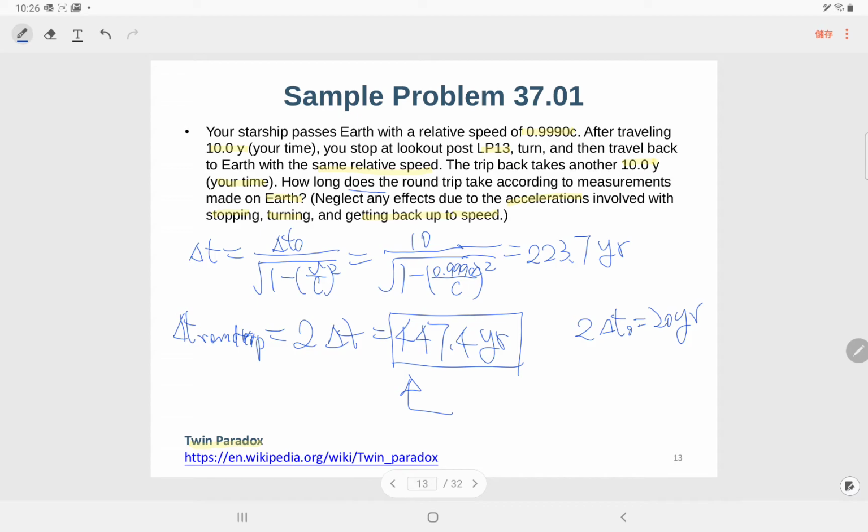Maybe you can just slightly adjust the time. Maybe you make this one smaller, or maybe you can make this speed smaller. So for this twin paradox, suppose there are 2 twins, maybe they are kids.